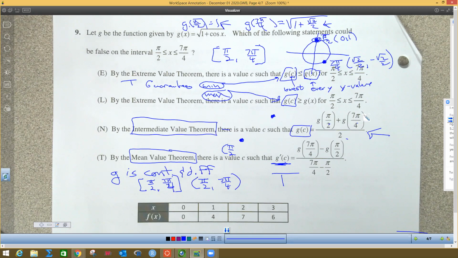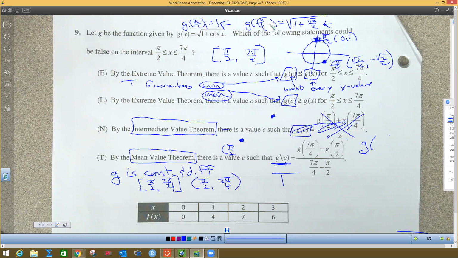So in order to make this true, if they would have said there is some value of c such that g of c is between 1 and the square root of 1 plus radical 2 over 2, this is bigger than that one, right? Because you're taking 1 and adding something to it.